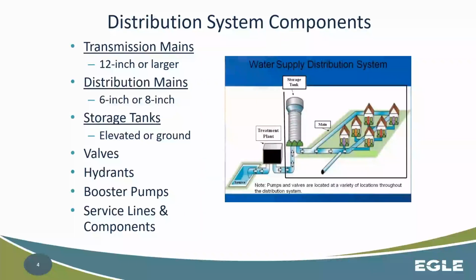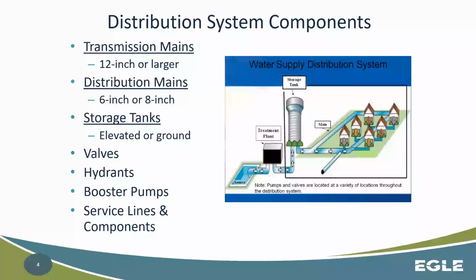But what are the components? What are the things that break down a distribution system? Okay, so as the bullet points say there, number one off the bat, you'll typically have transmission mains. We would typically consider that something like 12 inches or larger. Obviously, that can vary depending on the size and scale of your communities. You also have just standard issue distribution mains.